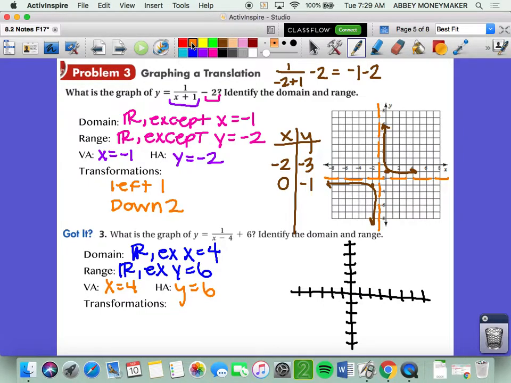So for my vertical asymptote, I got 4. And then for my horizontal, I got 6. I did not go far enough.